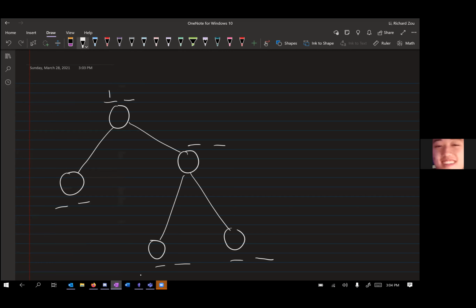So if this is 1, 2, then we might connect these two with 1, and then this could be 1, 3 or something, and so on. And so here number 1 would be used. Given a tree, we want to assign numbers such that the maximum amount of numbers is used on any edge, basically.